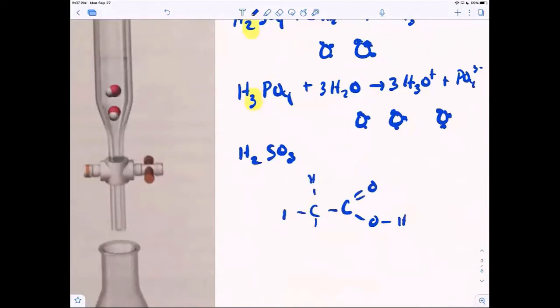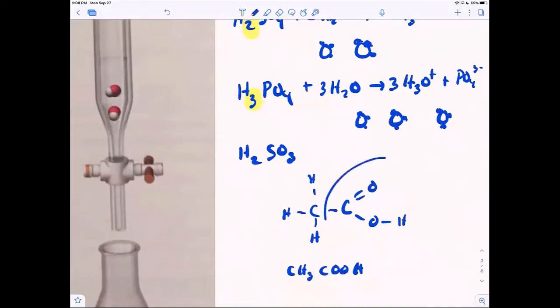I know we haven't covered Lewis structures yet, but acetic acid is going to be C2H3CO2H, whatever. I don't know how they would write it. I'll just write the structural form, CH3COOH.